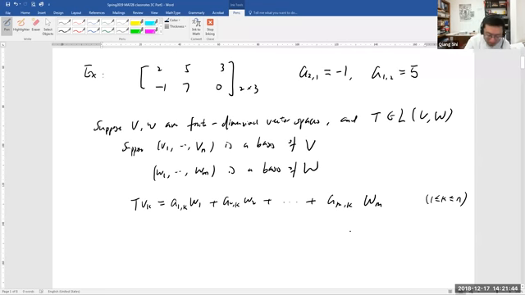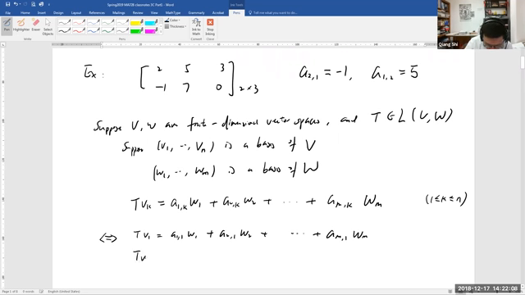So if you write this out, picking k from 1 to 2 and so on, T of V1 is A11 times W1 plus A21 times W2 and up to Am1 times W sub m.